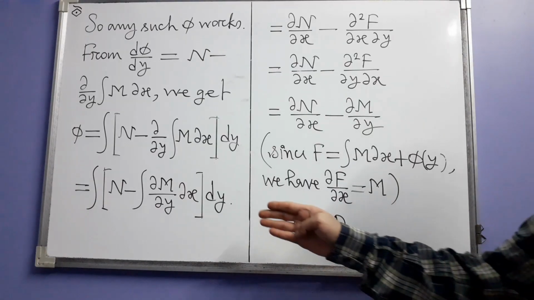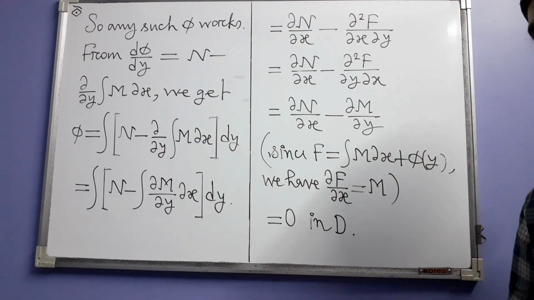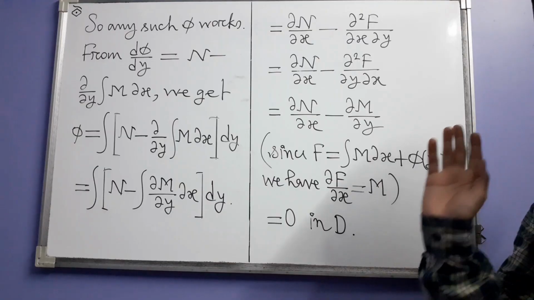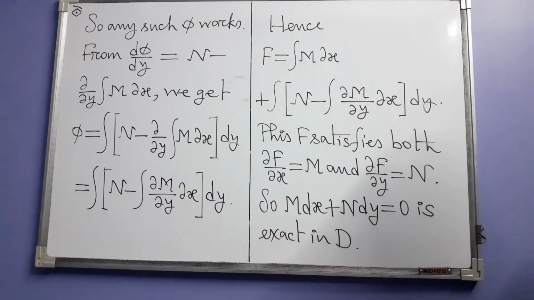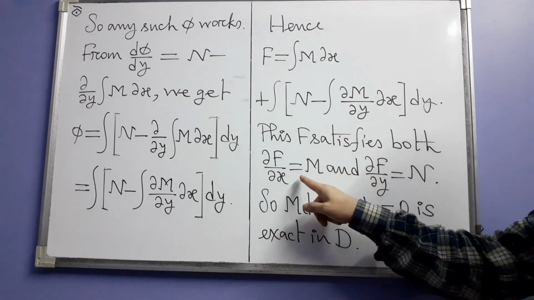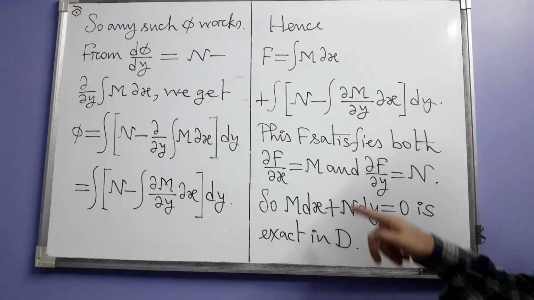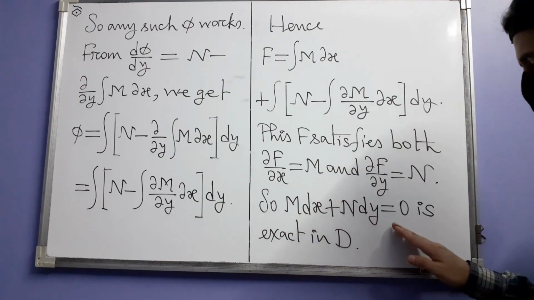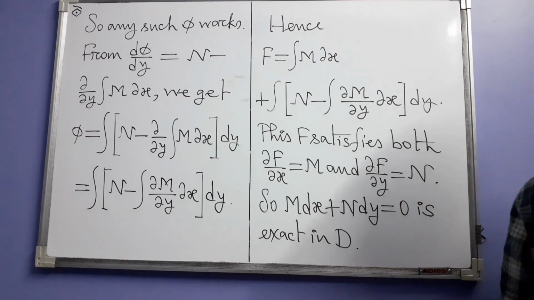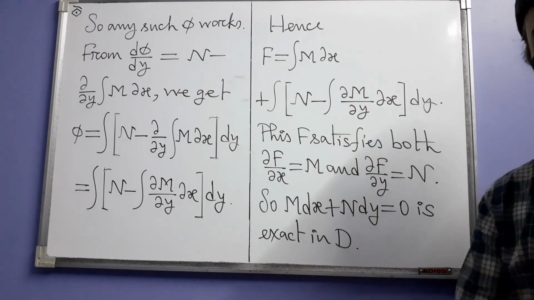And now if you use this phi back in this expression for f, then it will look like this. And this f is going to satisfy both these conditions. And that is why, because of the existence of one such f, our differential equation is exact in the domain D. Now there are some examples that come next which will illustrate this thing.